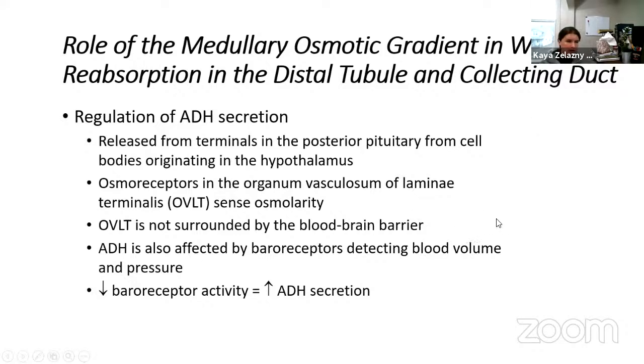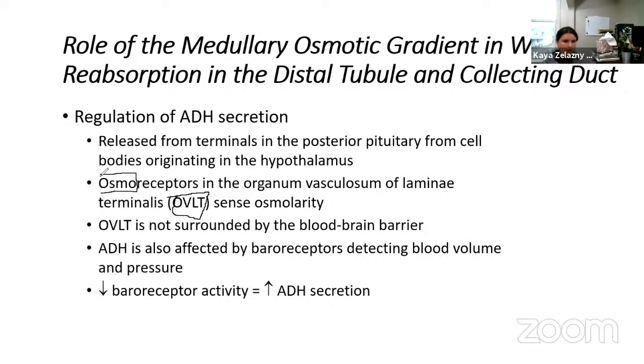So the way your body knows to secrete ADH is that we actually have receptors up there that can sense the osmolarity. Basically they're sensing the osmolarity in the blood. Usually we have a blood-brain barrier, so most parts of your brain would not be able to do this. It's just this specific part, the OVLT, organum vasculosum of lamina terminalis, that has osmoreceptors.